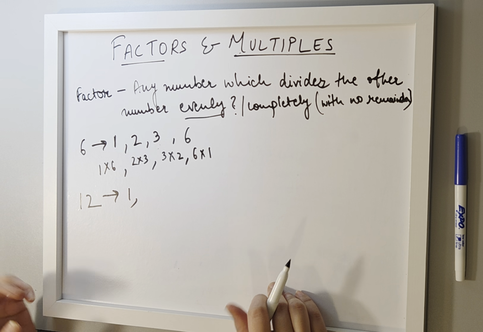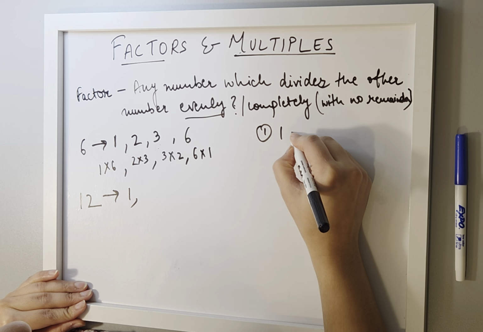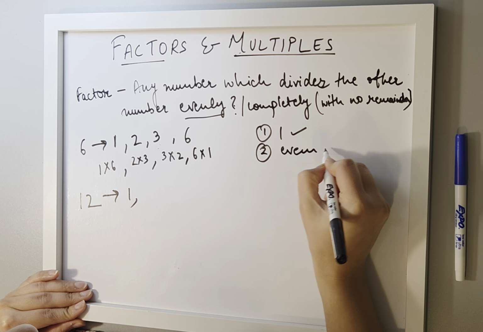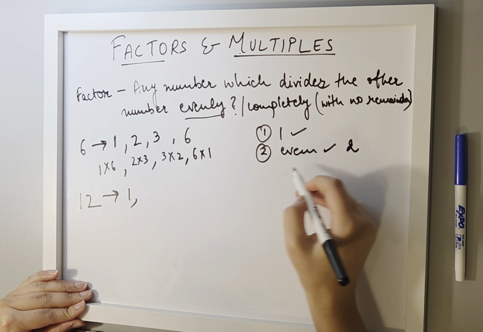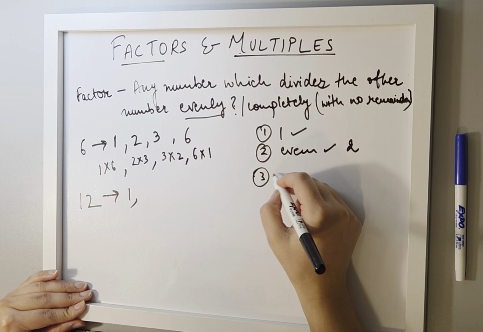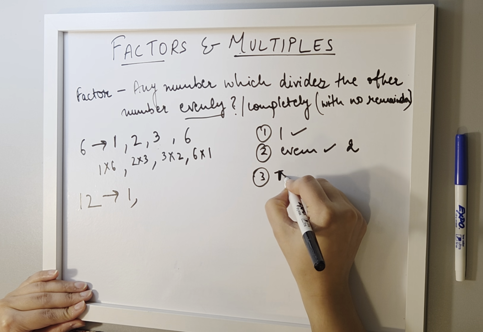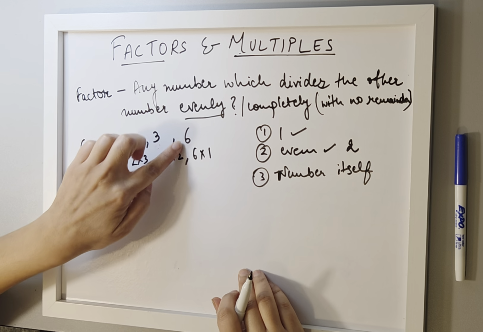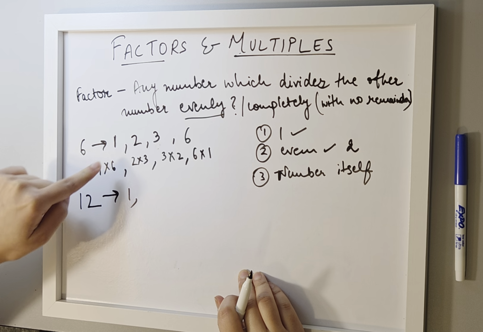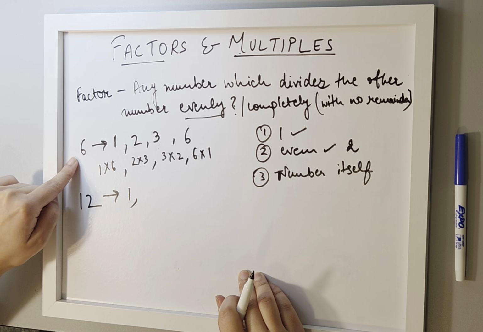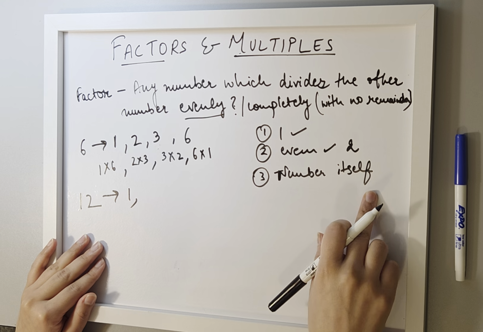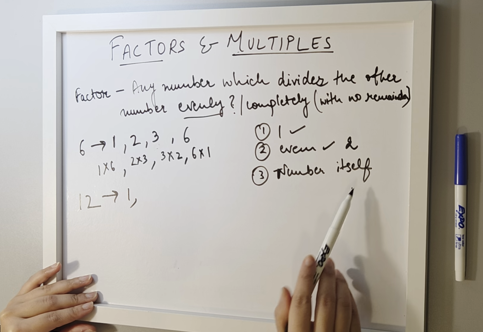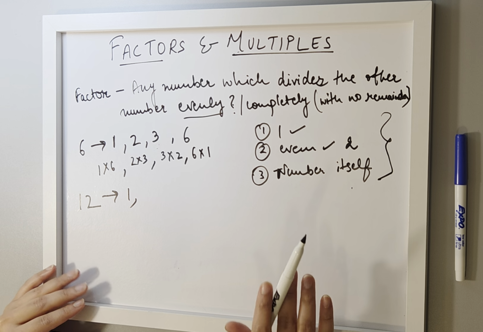And the number itself will always be a factor, because the number multiplied by 1 will give us the number, and 1 multiplied by the number will give us the number. So these three will always be our factors depending on the situation: 1, the number itself, and if it is even, 2.